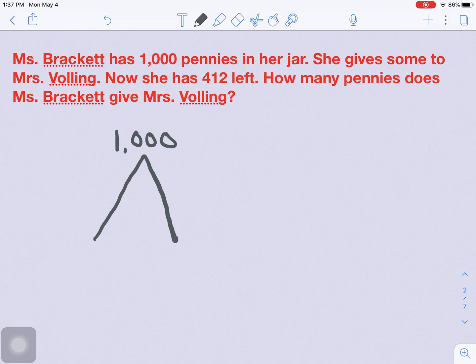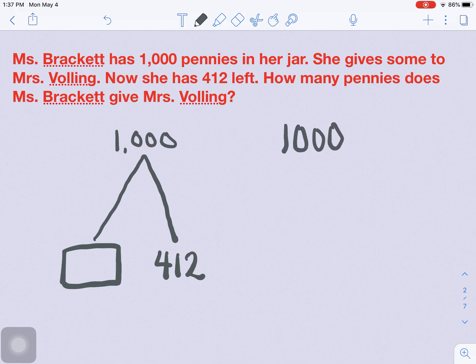And then it says that she gave Miss Voling some pennies. I don't know how many pennies she gave Miss Voling, but she has 412 pennies left. So when I make my math mountain, it would look like that. If I was writing an equation, I could write 1,000 minus unknown equals 412.